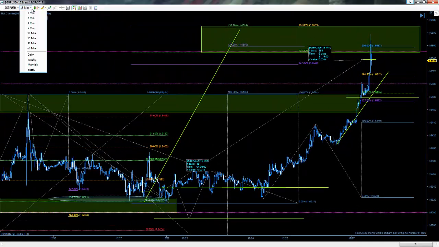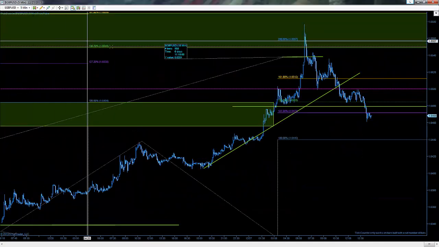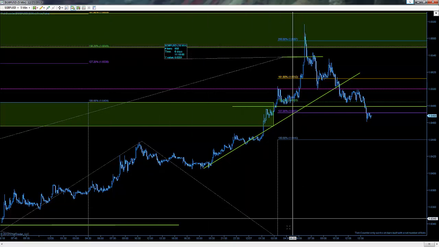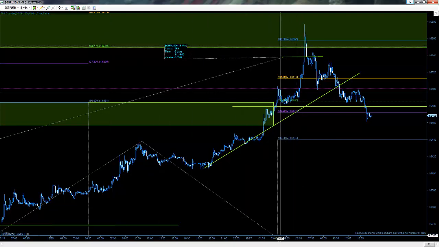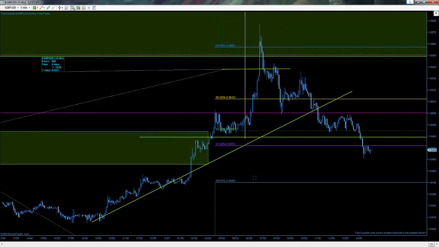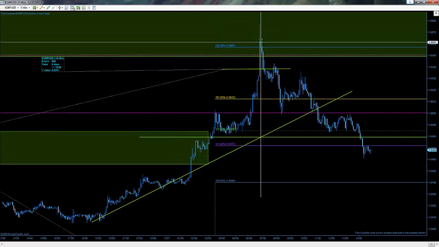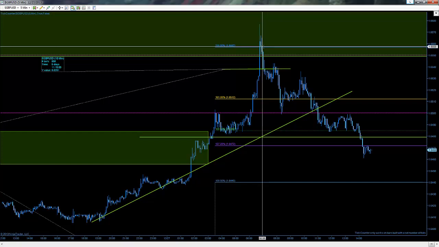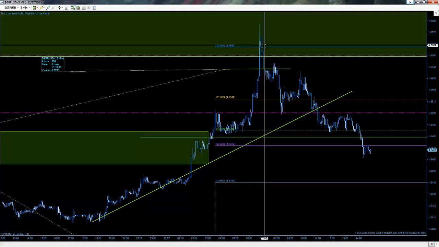reversal? So we're going to drop down to a 5-minute chart. And what we see here is price come back, exhaust. We see price come down here. We do see price attempt to trade higher and be unable to, and hold off.